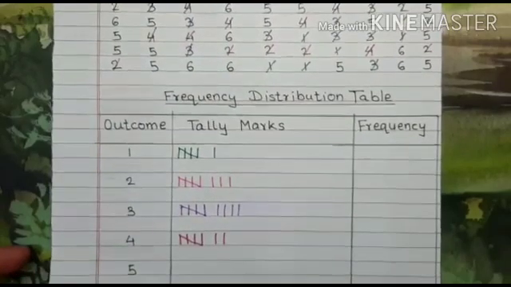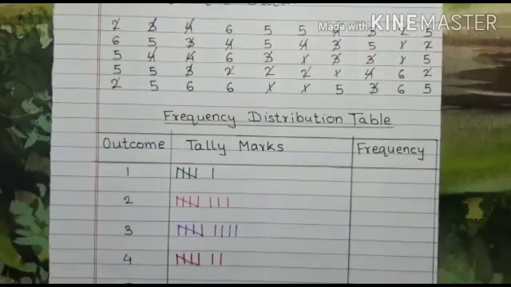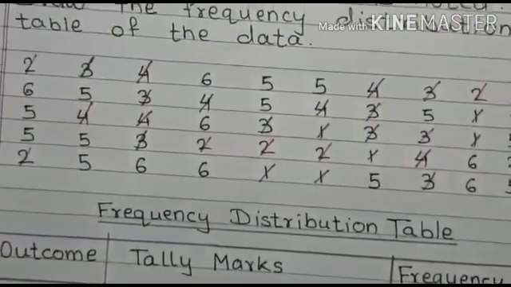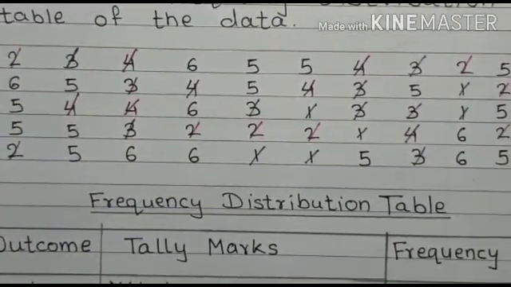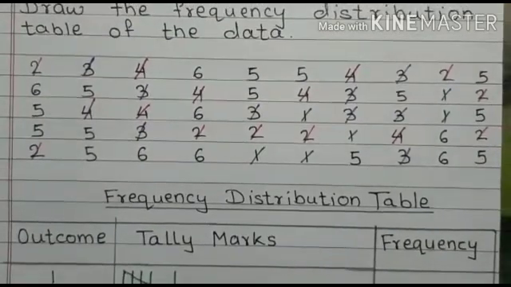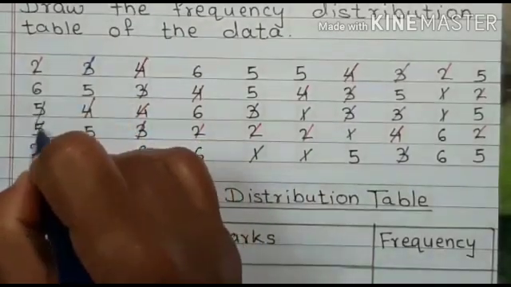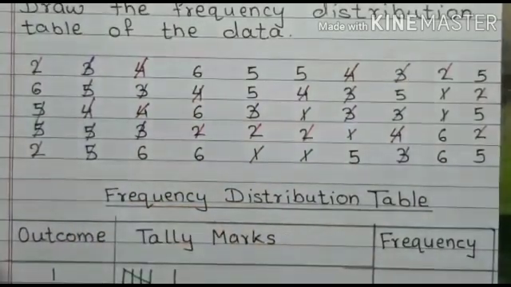I will give tally marks for 5 and 6. Let us first count how many 5's are there in the given data. See, this is my data. And 5's I am counting. 1, 2, 3, 4, 5.